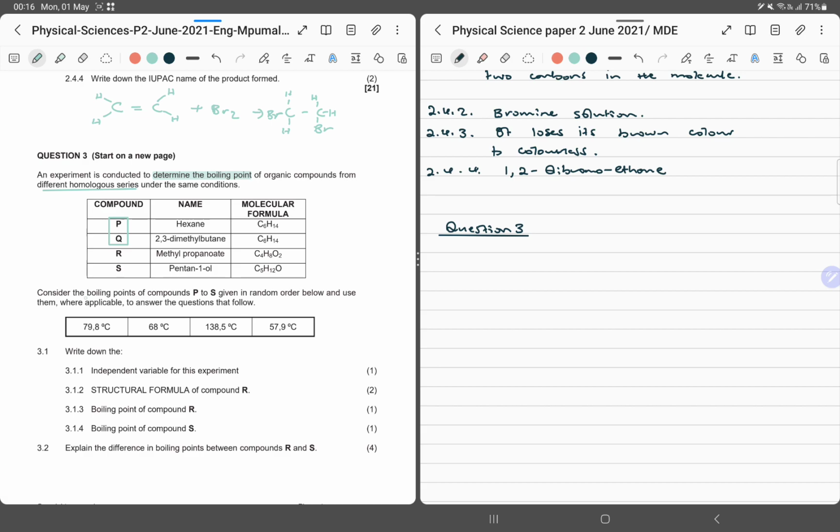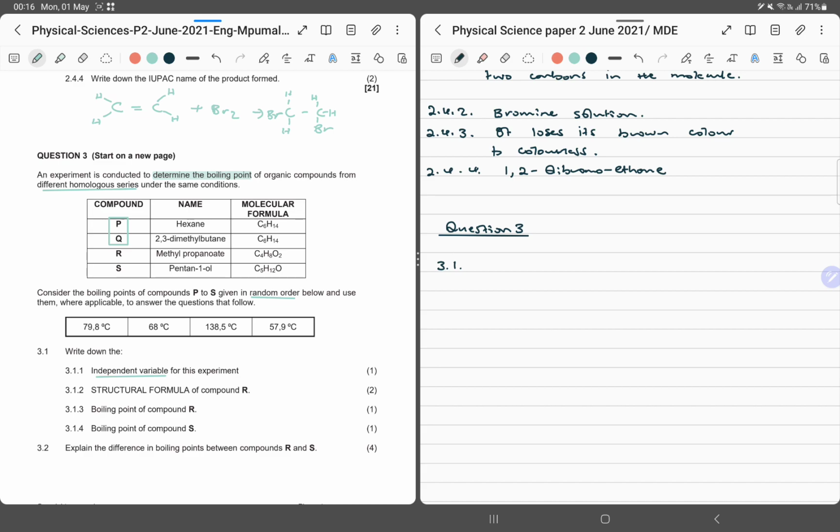Now it says consider the following boiling points of compound P to S given in random order below and use them where applicable to answer the questions that follow. Now we're going to start 3.1. It says write down the independent variable for this experiment. So what seems to be changing here? It's the functional group, is it not? That is what is independent.